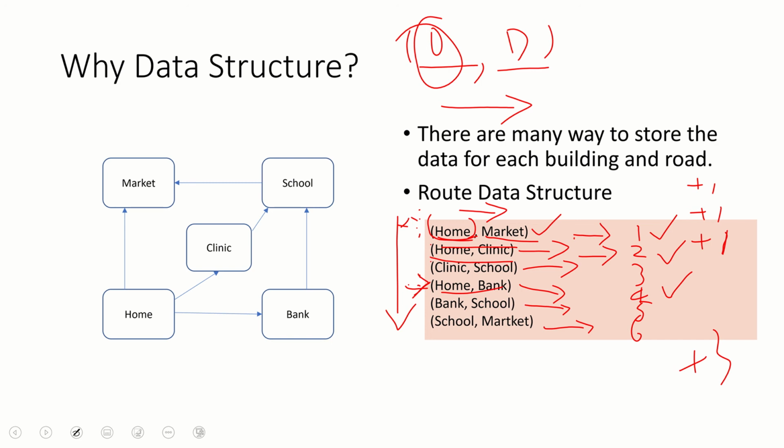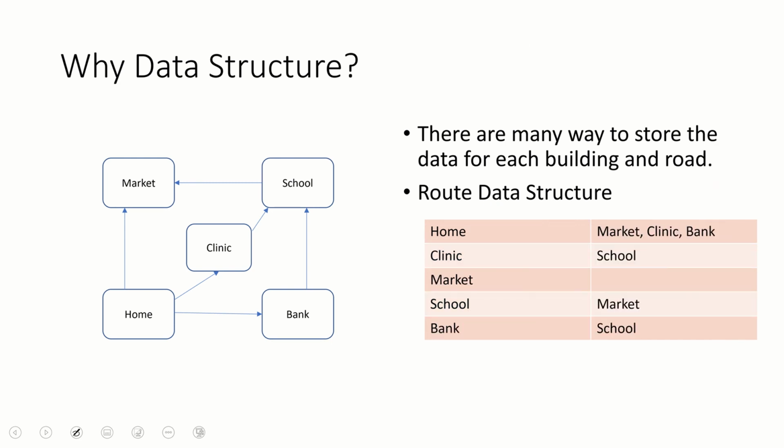So consider if you have about 1 million records over there, you have to read the records one by one and check how many places you can visit from your original place. So how can we optimize the data structure?